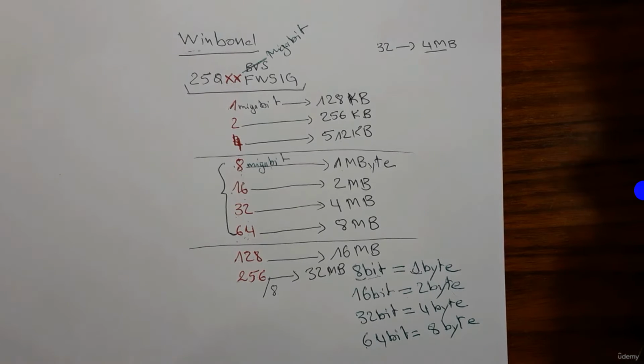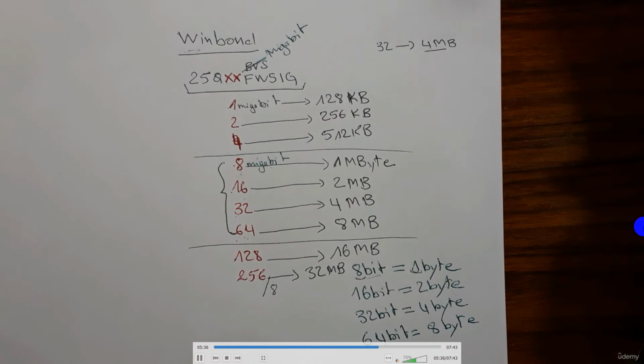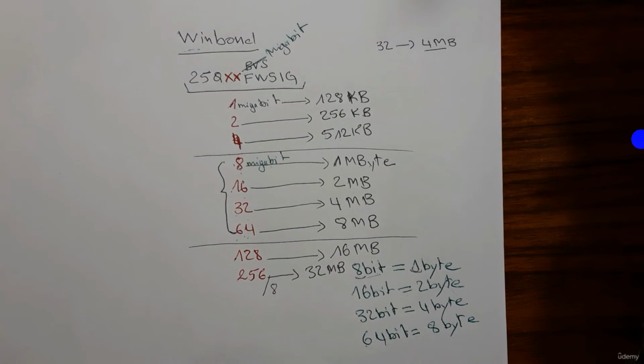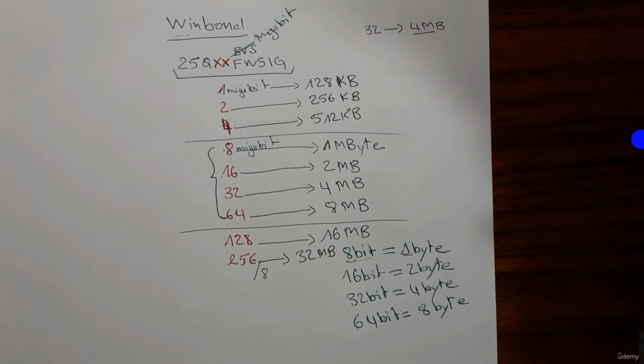Okay, so this is the main important tips that you should know about BIOS sizes, because if you want to reprogram the BIOS, you should first know about its size. Why? Because when you know about its size, you can compare between the BIOS size and the size of the flash file that you will use to program the BIOS.